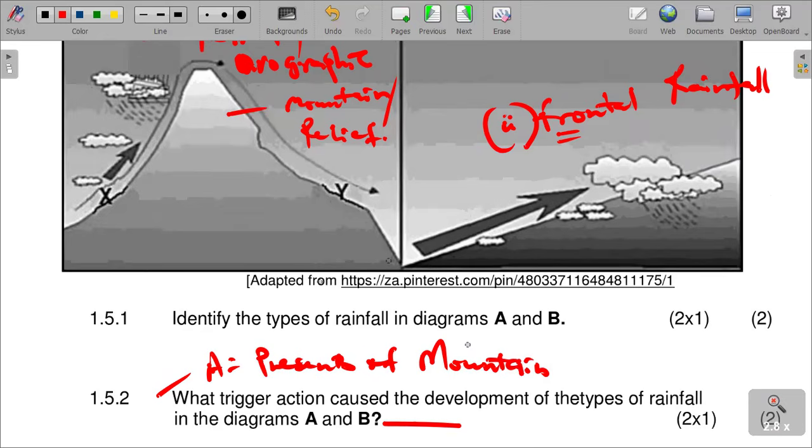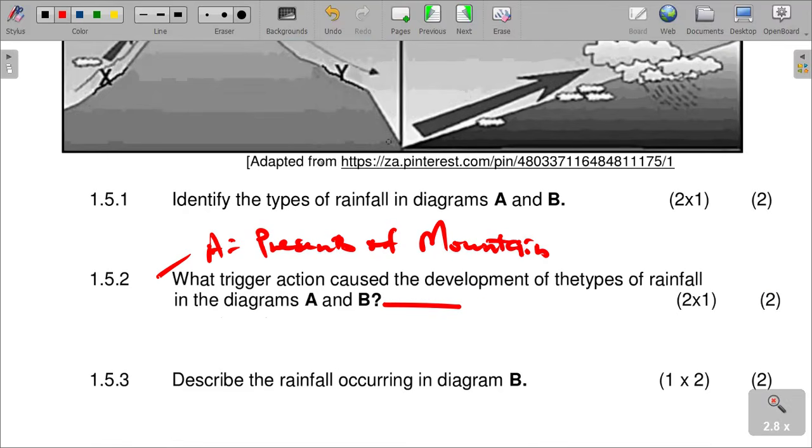It is the presence of the frontal conditions that are present there. Frontal conditions also result in the possibilities of having those forms of rainfall that we are seeing there.